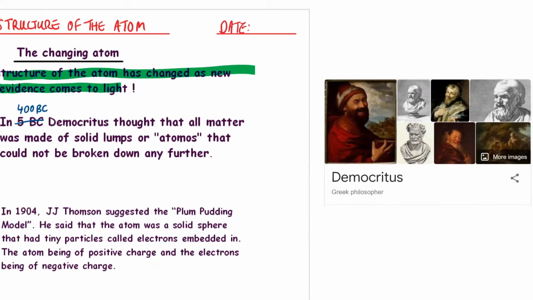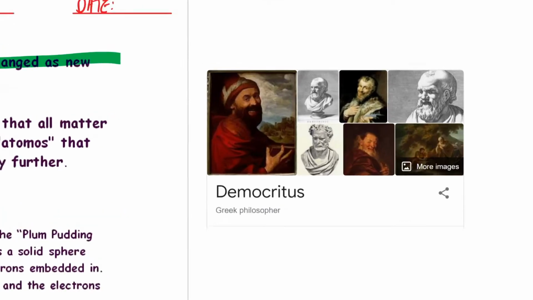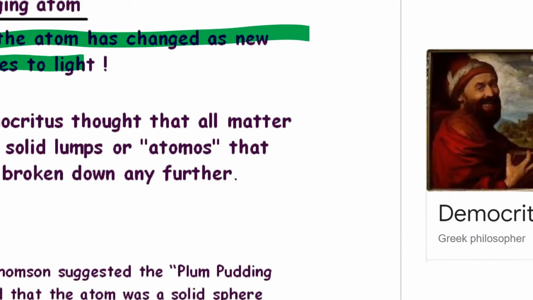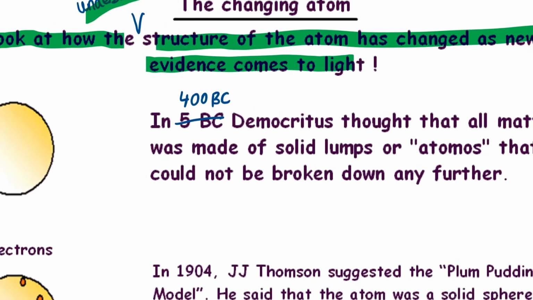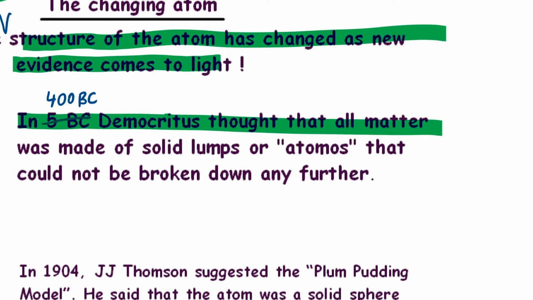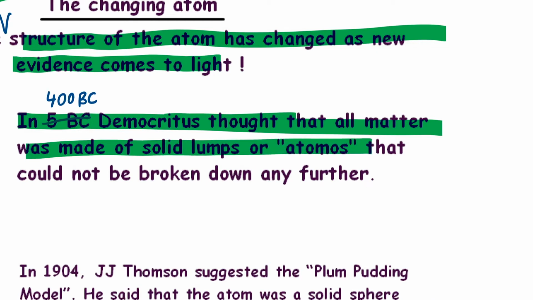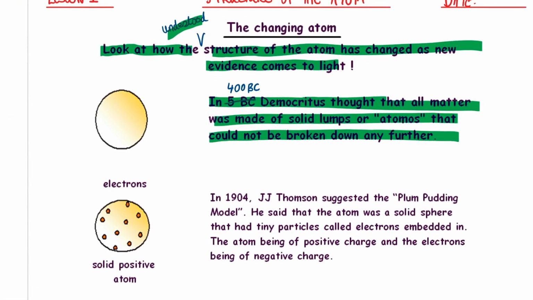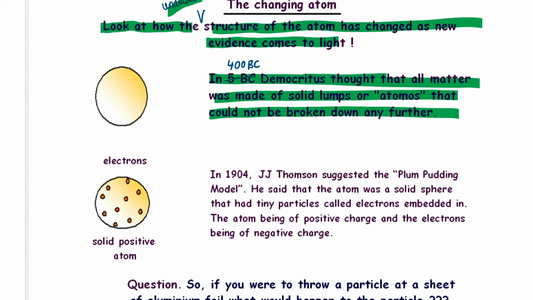The first person to come up with a concept of the atom was Democritus, a Greek philosopher. In roughly 400 BC, Democritus thought that all matter was made up of solid lumps, or atomos, that could not be broken down any further. So this was his idea.